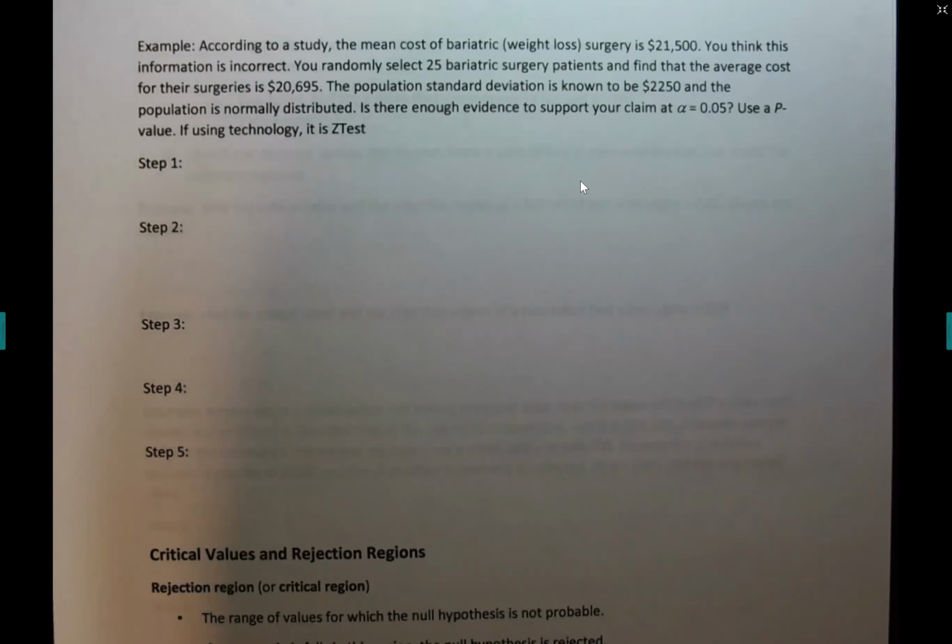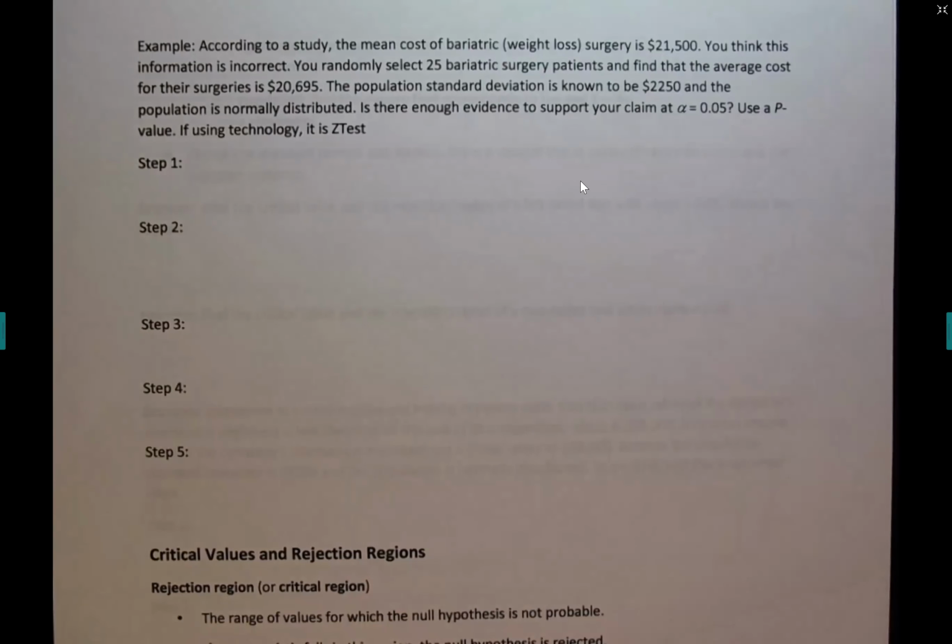How would you state the null and the alternative hypothesis? Usually, guys, the first sentence or two will give you a clue of how to state the null and the alternative. They say the mean cost of a weight loss surgery is 21,500, but you think this information is incorrect. So it's you who's making a claim that the information is incorrect.